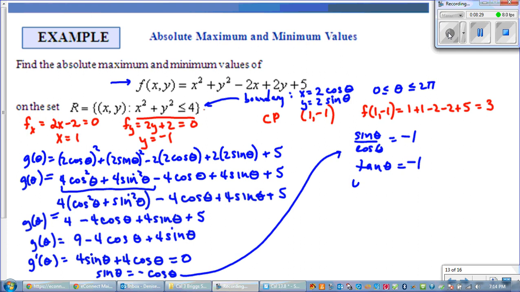Now the values of theta for which tangent is negative 1 would be in quadrant 2 and quadrant 4. The reference angle is pi over 4, so 3 pi over 4 and 7 pi over 4, or negative pi over 4.